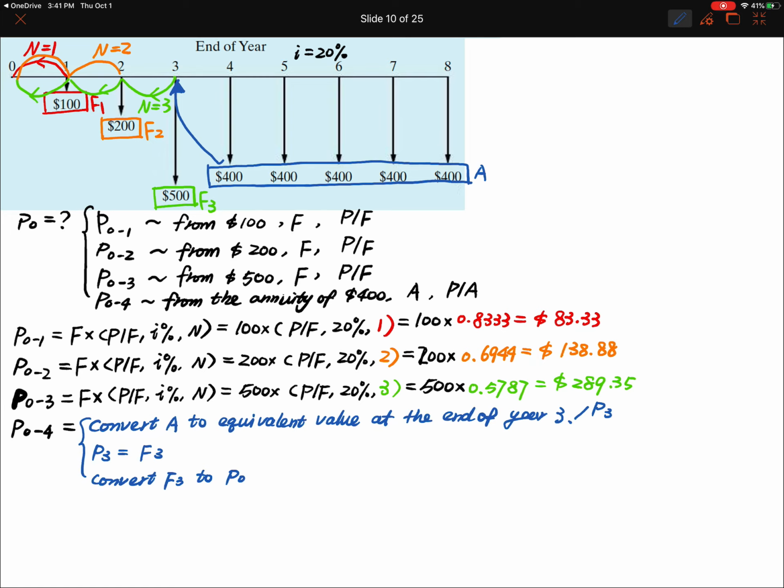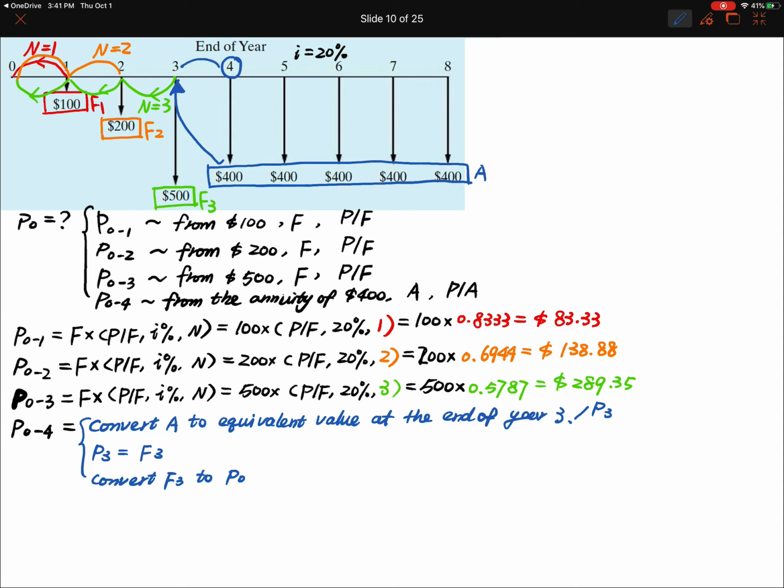This part is complicated, so pause here and re-watch this part. Why can't we just use the annuity equation? Because if you use that equation, you are just converting the annuity back one period in advance, because you are starting at year 4.